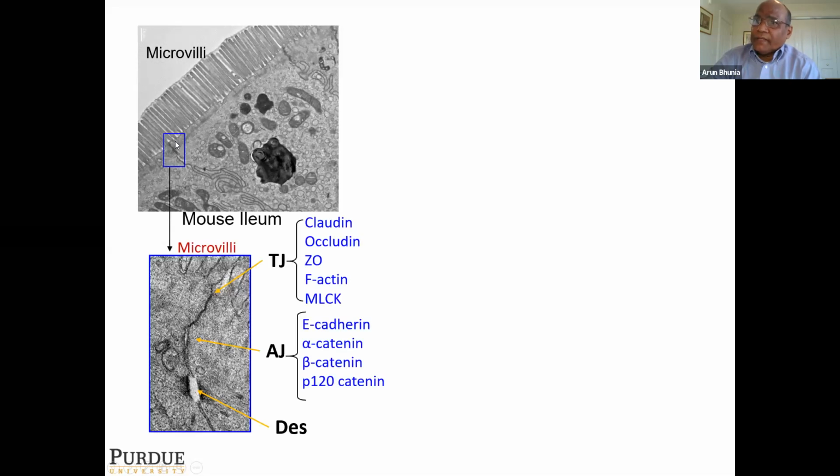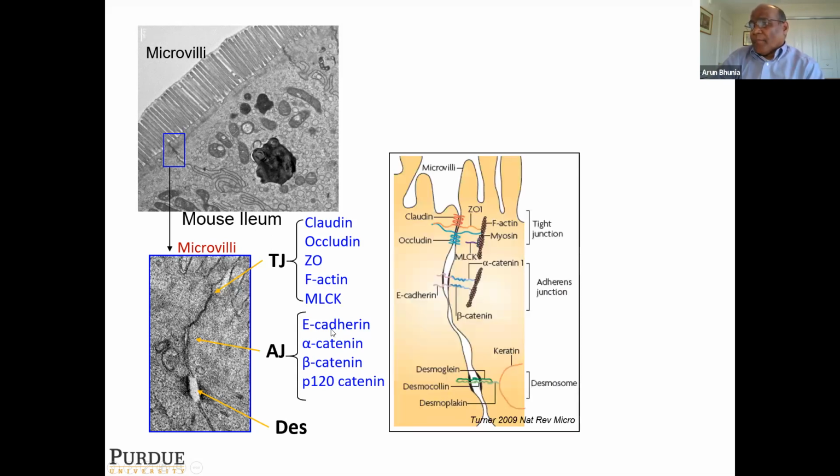If you expand this a little bit, you will find the tight junction, and then the adherent junction or the desmosome. A number of proteins are involved in maintaining the integrity of this epithelial barrier. This schematic shows how claudin, occludin, and zona occludens really hold these two epithelial cell membranes together.